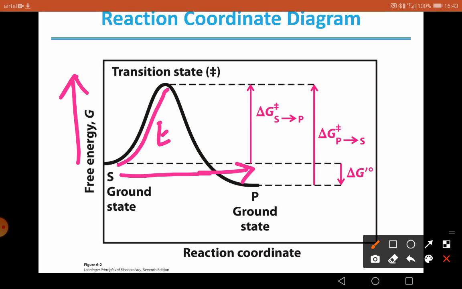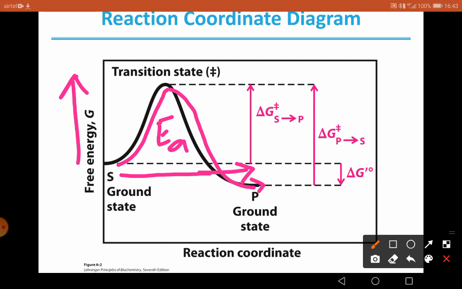This we call the energy of activation. The substrate has to increase its energy of activation, and then it forms an intermediate complex, and then it gets converted into a product, right?